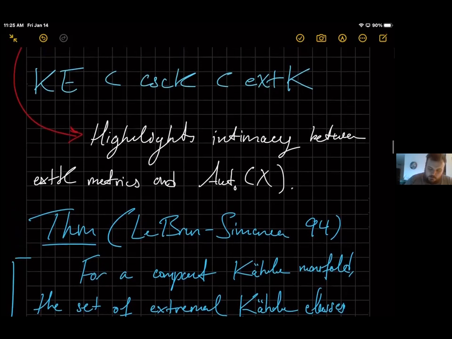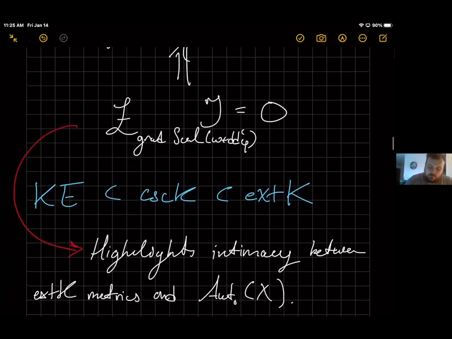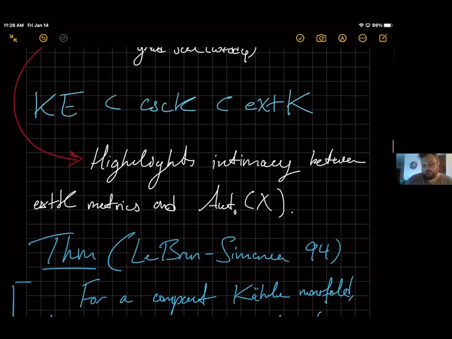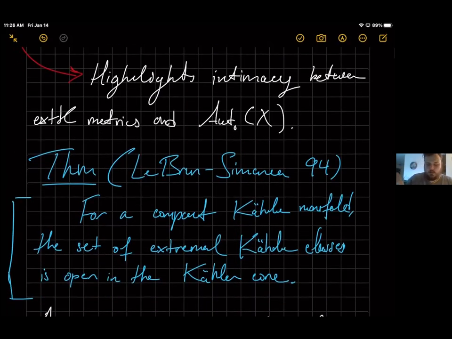Now, if your manifold X doesn't have any interesting holomorphic vector fields, if it doesn't have any holomorphic vector fields that are actually gradients of something, then you can't have any extremal metrics that aren't cscK. So in that case, you actually do get openness of cscK in this sort of degenerate situation.